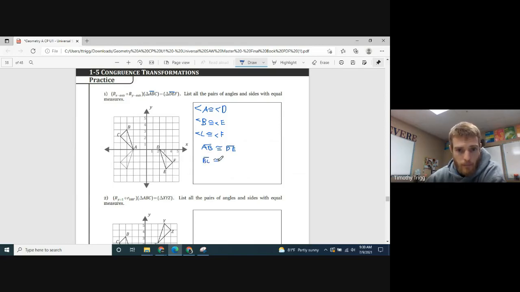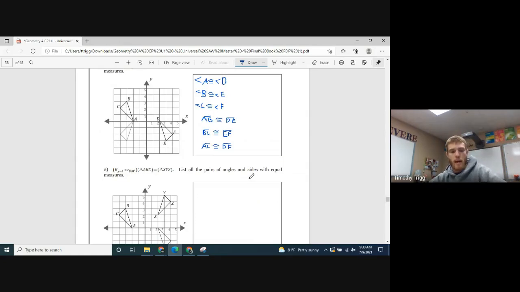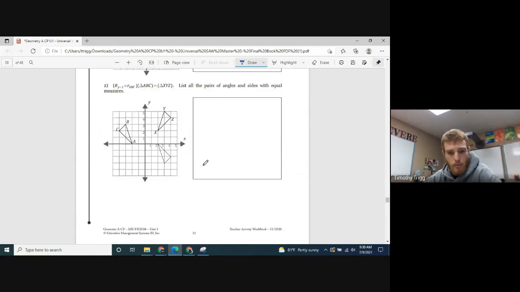What do you think? That would be congruent to EF, right? EF. And then the last side length, AC, will be congruent to DF. With that in mind, see if you can do number 2 on your own.